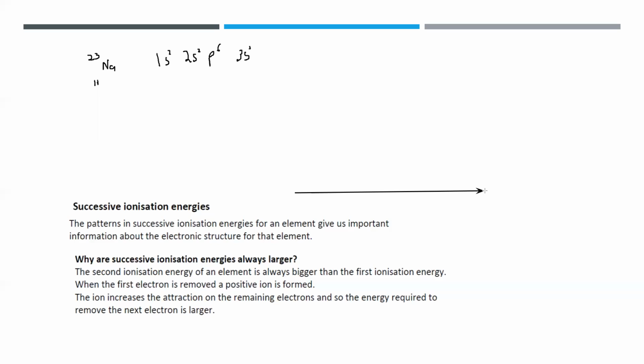So when we sketch a graph for removing the electrons, we plot the log of ionization energy. Why do we use the log of ionization energy, not ionization energy directly?